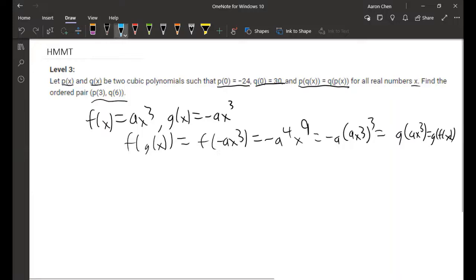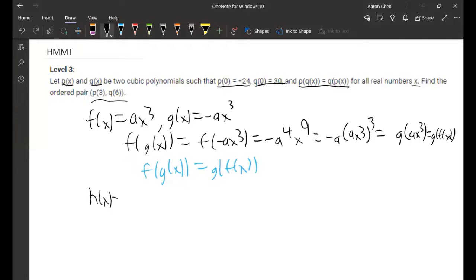So f of g of x is equal to g of f of x. And so now we let a new function h of x be equal to x plus b.